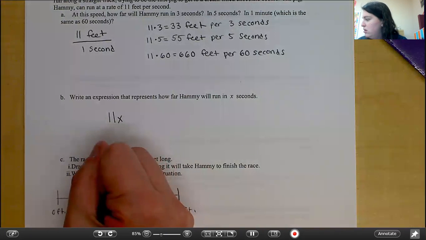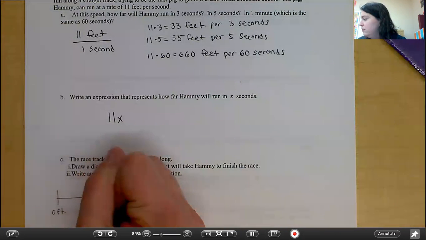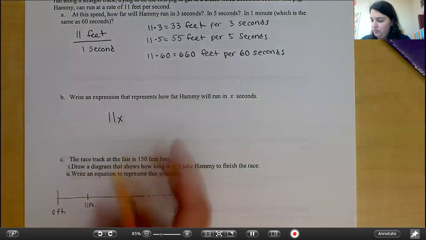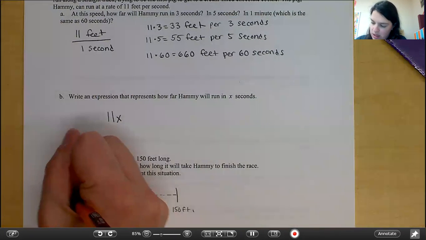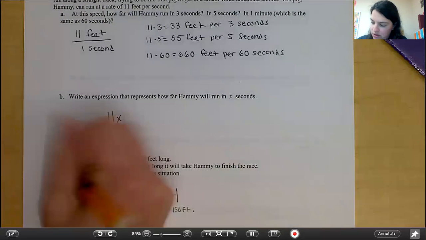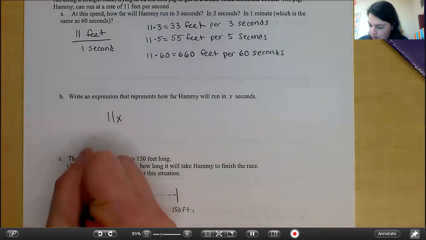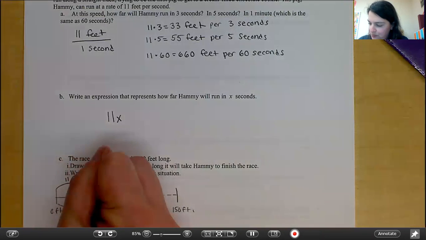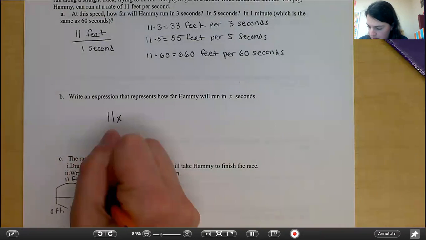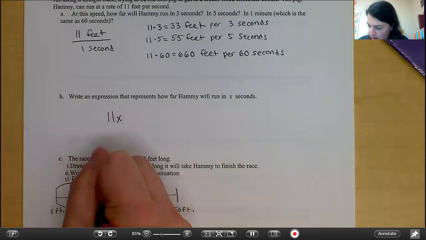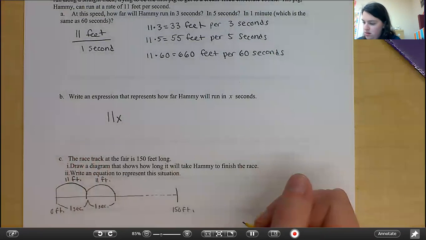So he runs 11 feet, he runs to this hash. That's 11 feet for every 1 second. And again, he would run 11 feet for every 1 second. And you can continue on.